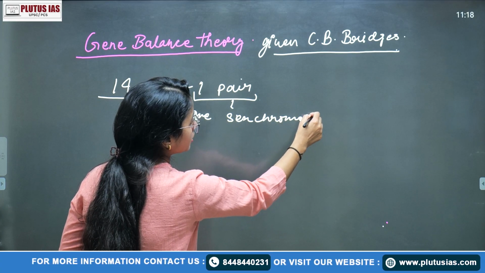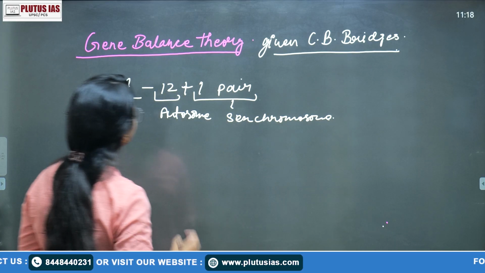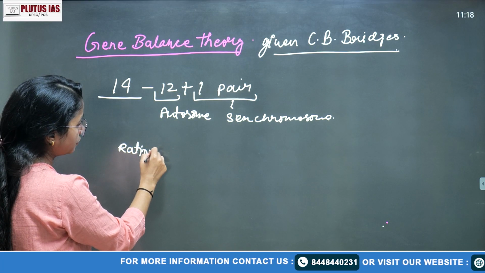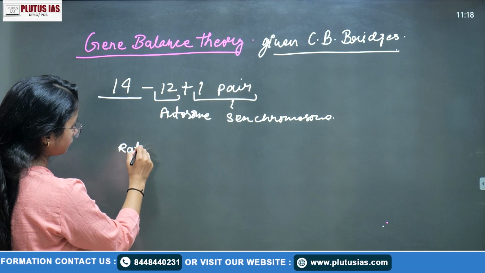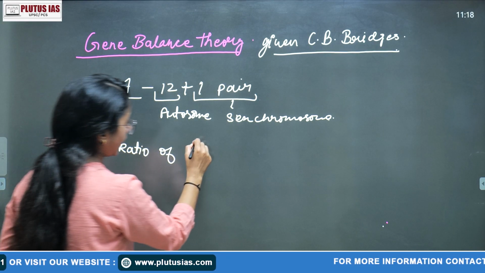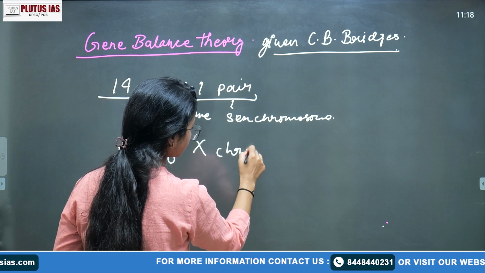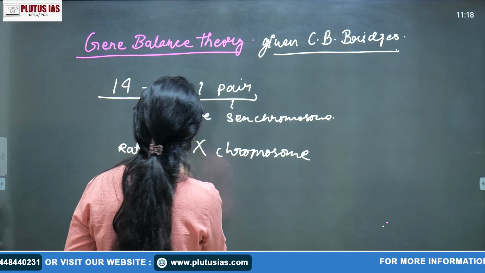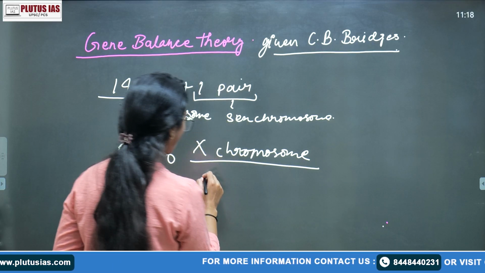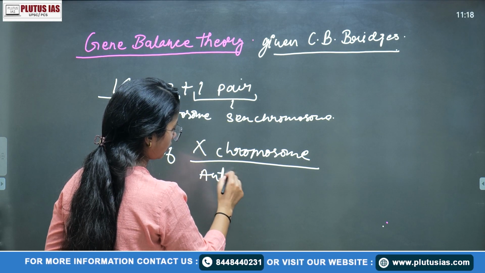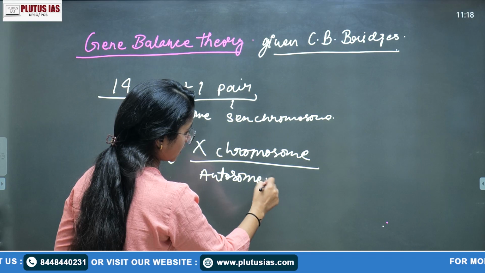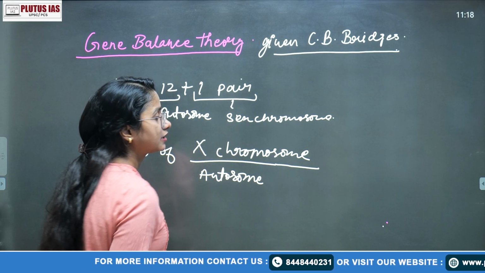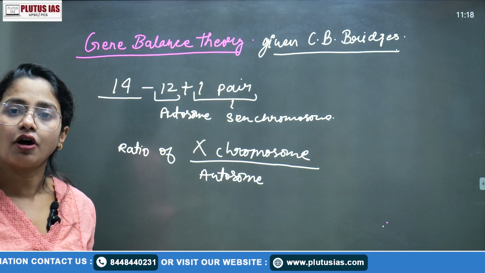But in the gene balance theory, C.B. Bridges has said that the ratio of X chromosome to autosomes is determining the specific kind of cell.